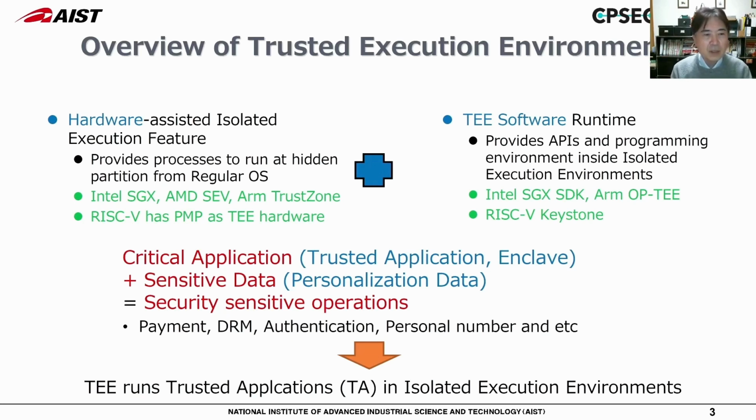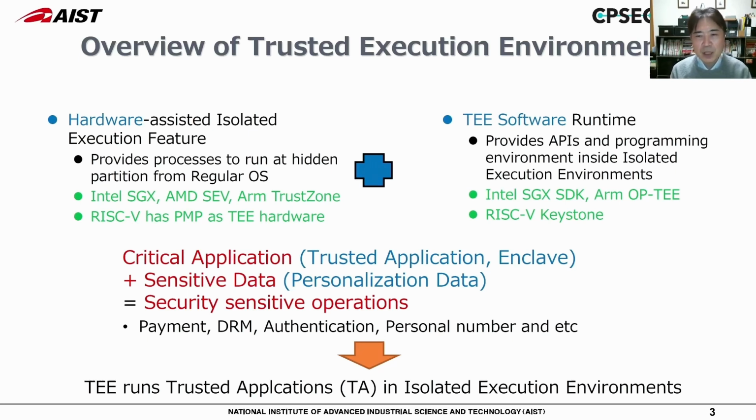AMD has a feature too, which we are not really covering in today's talk, and ARM has a hardware feature called TrustZone. There are two types of TrustZone, for the Cortex-A series and the Cortex-M series, and I'm only going to talk about the Cortex-A series. And RISC-V has a PMP extension, which provides a similar feature to TEE hardware.